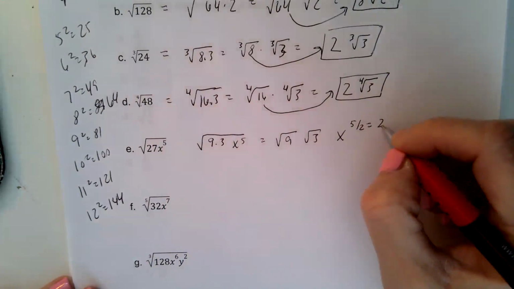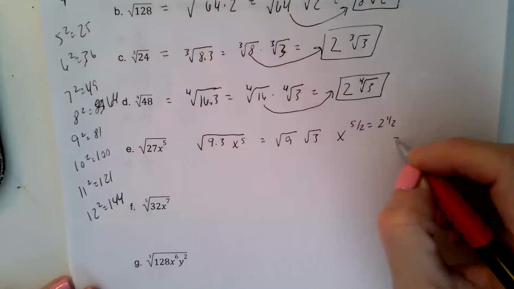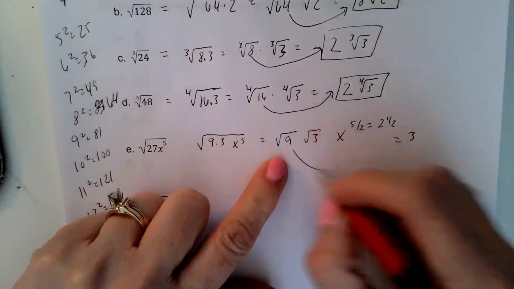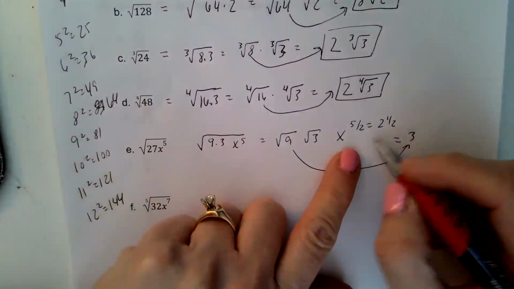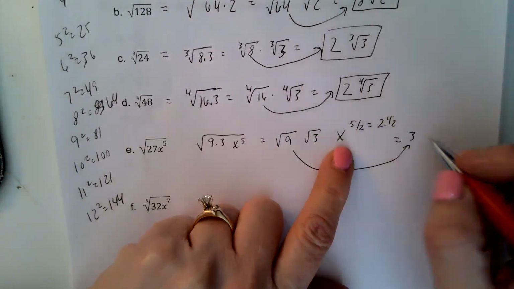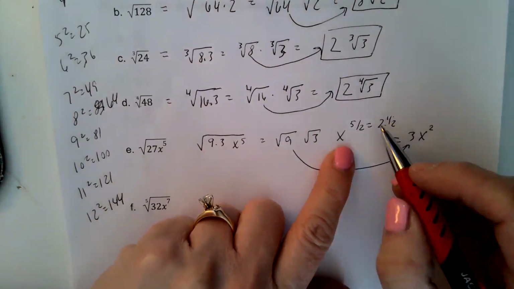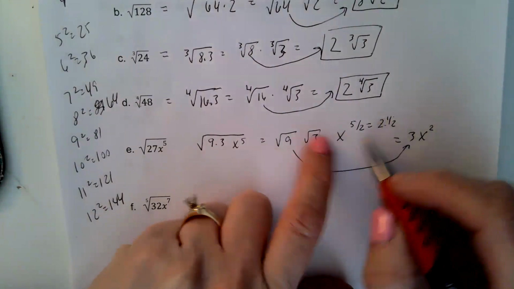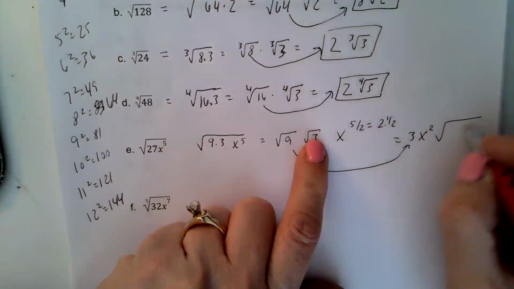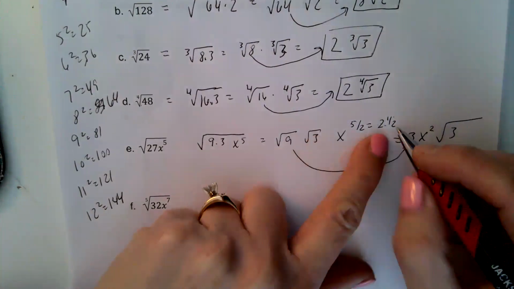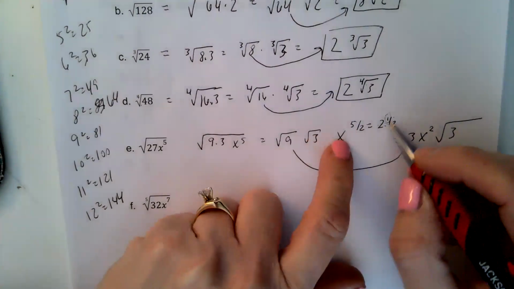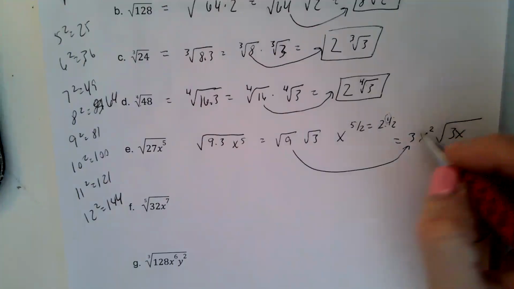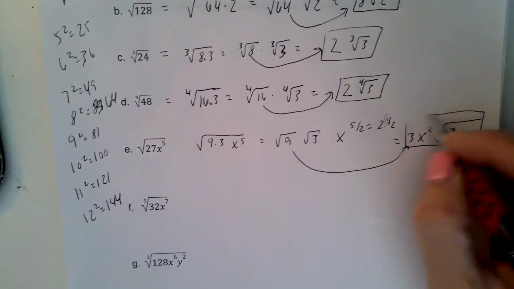So 5 halves is really 2 and 1/2. The square root of 9 is 3. And then x to the 2 and 1/2 means an x squared comes out of the radical. That's a perfect whole number. The square root of 3 stays there. And then the 1/2 means that I have an extra x underneath the radical that doesn't have a pair. Remember, when it's a square root, we're looking for pairs.